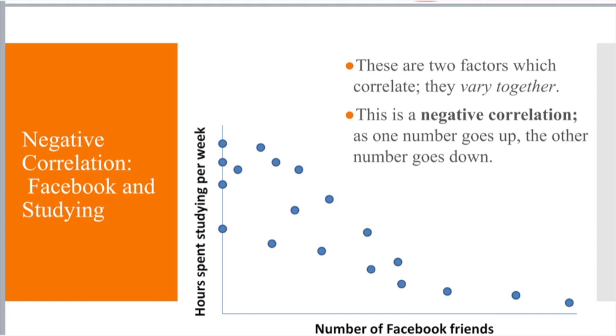So these two factors correlate, and we know that they vary together. We can see a trend, a pattern. People with more Facebook friends, down in the right-hand corner, study less, nearly 0 hours, whereas people who have no Facebook friends, at the top left of the graph, spend a lot more time studying. So this is a negative correlation.